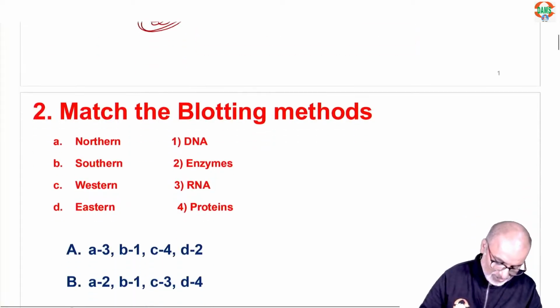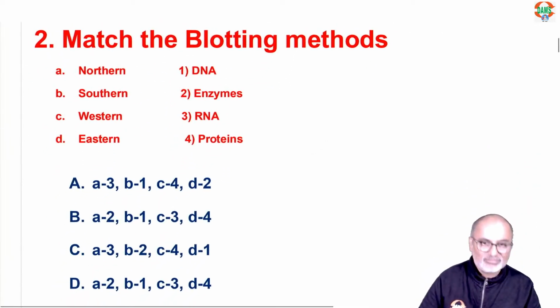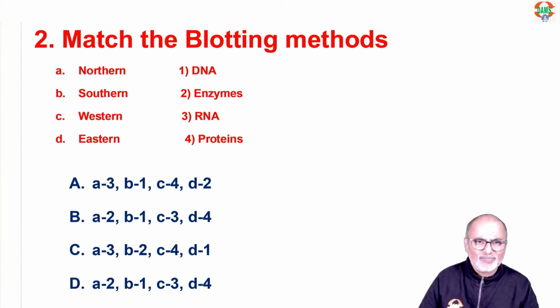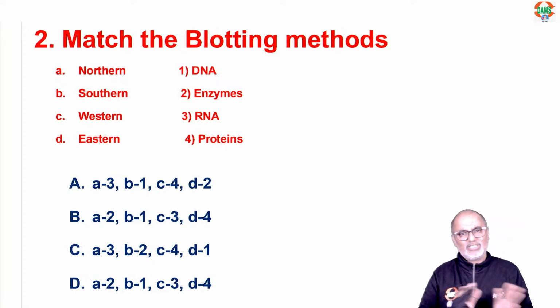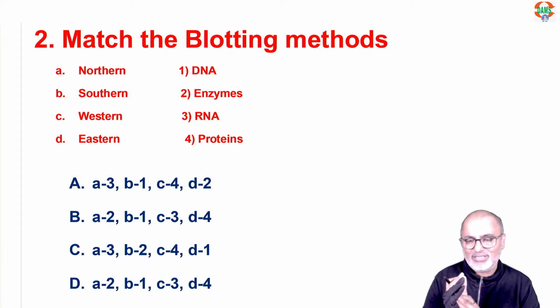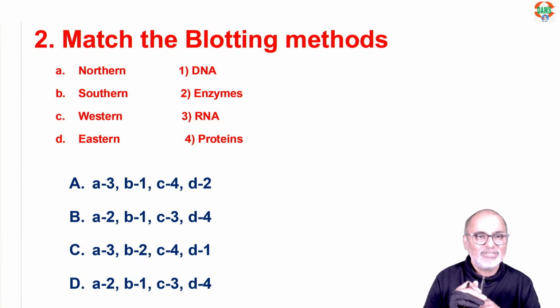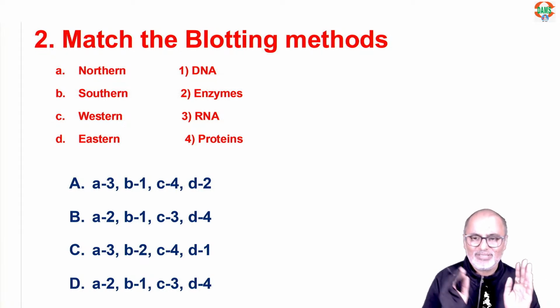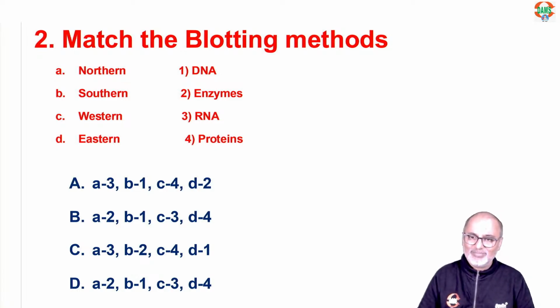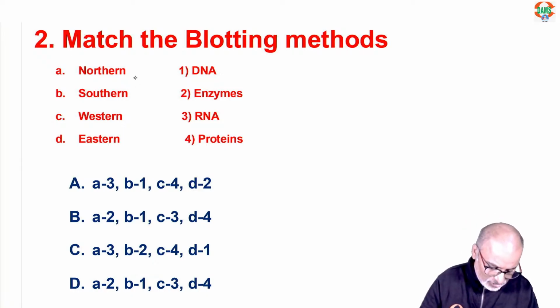Next is match the blotting methods. There are 3 blots officially announced. Fourth one is enzymes for post-translational modifications. But you know the mnemonic. It's not my personal mnemonic, but my teachers taught us. Typical Indian mnemonic: North Indian people, roti.